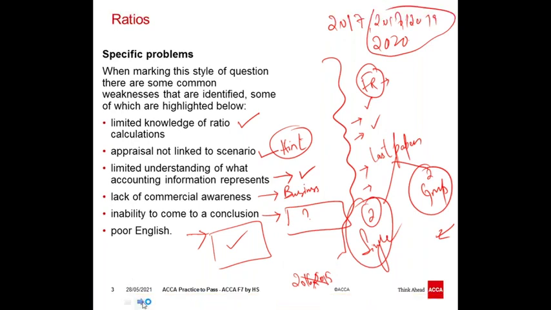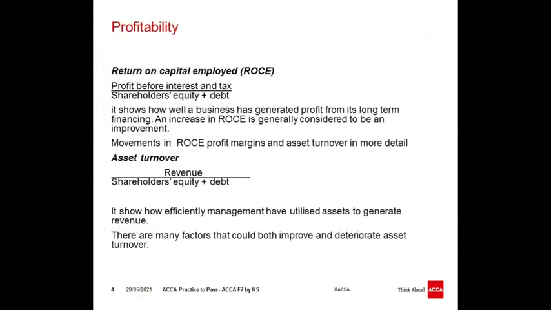Now, in most of the comments, we always start with the profitability, and the first ratio for the profitability is ROCE. Remember this point that ROCE is dependent on profit margins and asset turnover.